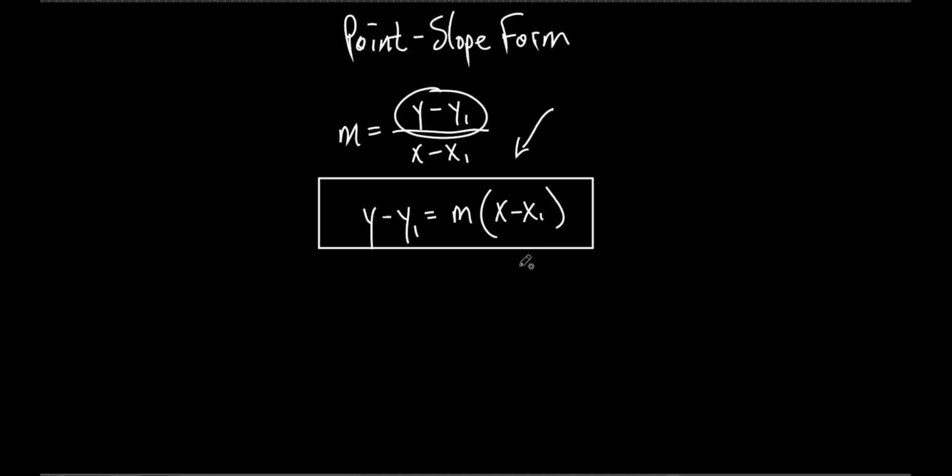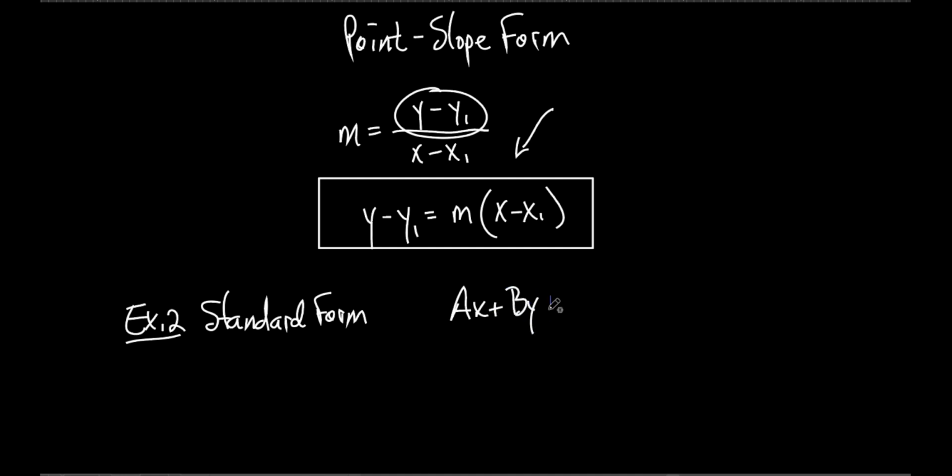All right, here we go. They ask you to write the standard form of the equation. So this is example 2. Write the standard form. Do you remember what that is? Ax plus By. Yeah. Now, I did notice something in this book. I've always learned that the standard form was Ax plus By plus C equals 0.